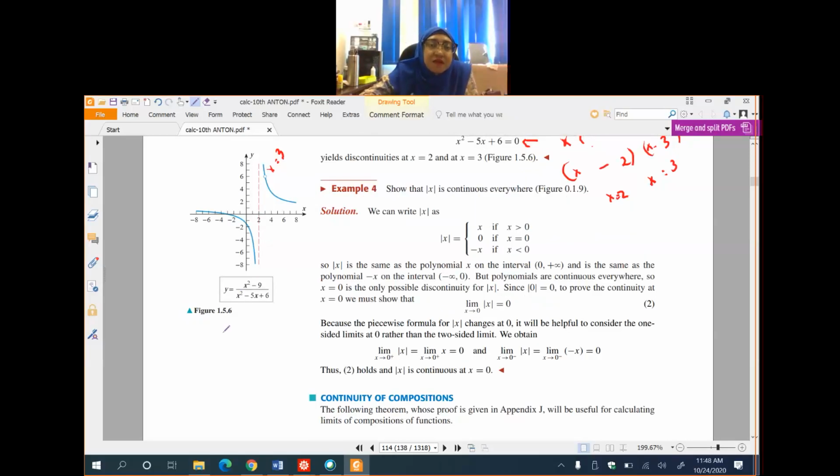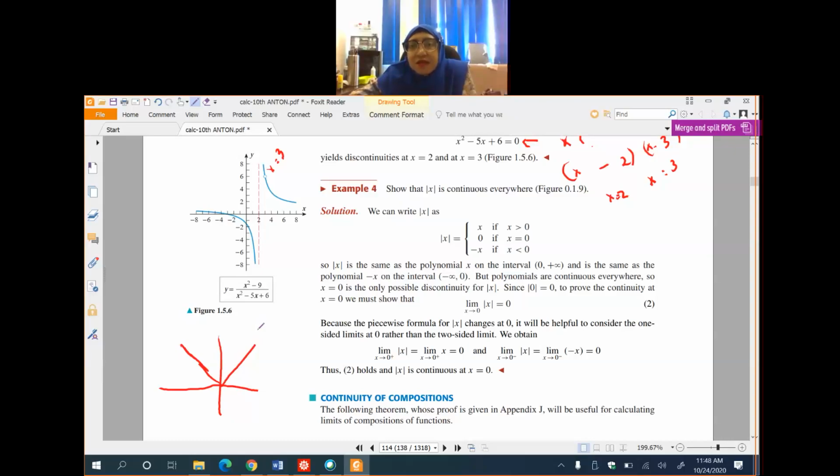Okay, by graph, it will look something like this. If you walk along the graph, you don't have to jump at any of the points.